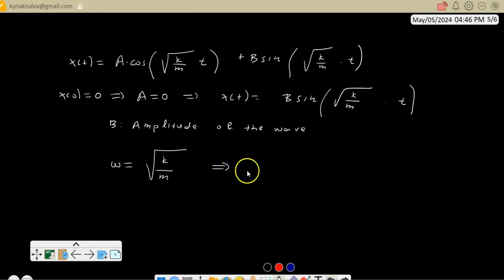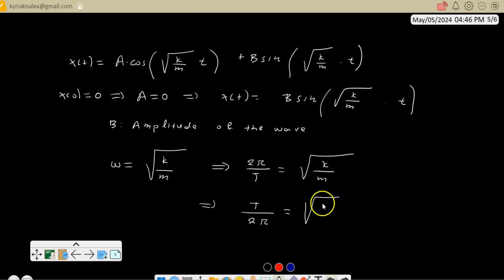From here, we know that the angular frequency is 2 pi divided by the period, and this is the square root of k divided by m. I can reverse here the numerator and the denominator, and I get square root of m divided by k.